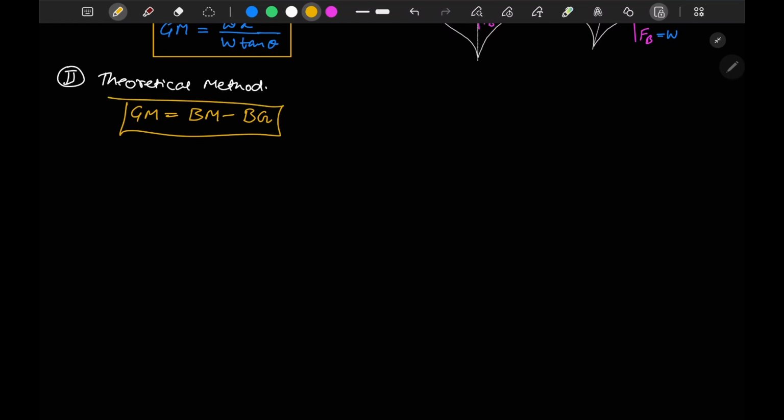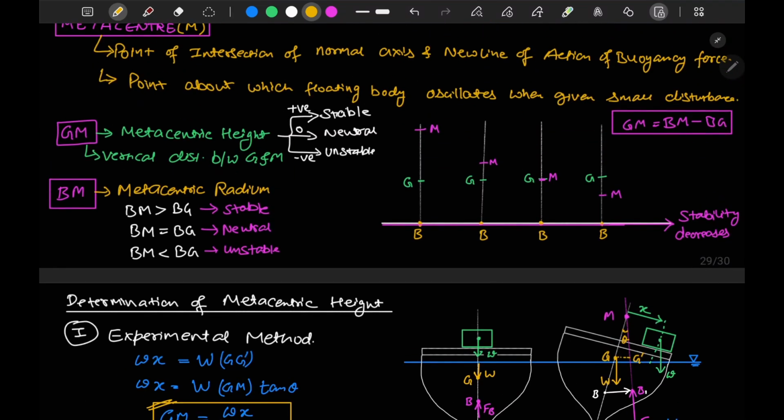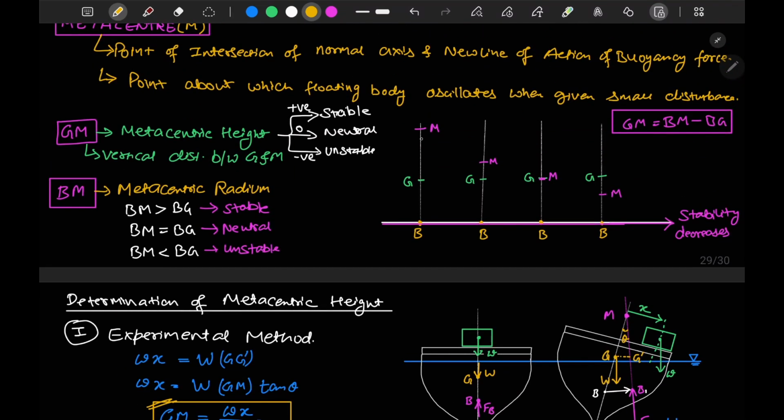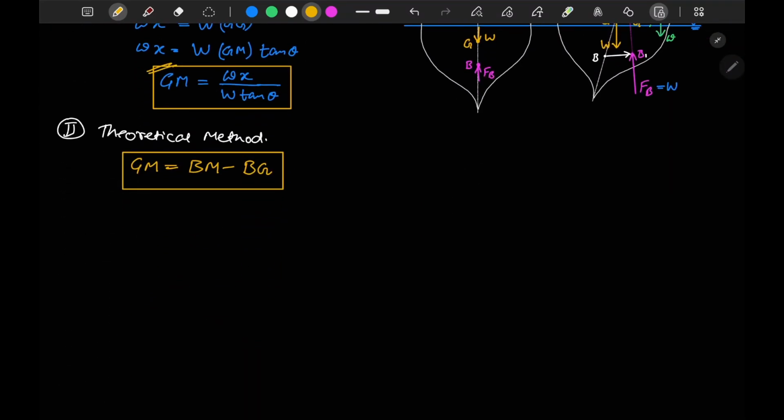So here you have to find both BM and BG. Your BM value is equal to I upon the volume of fluid displaced.